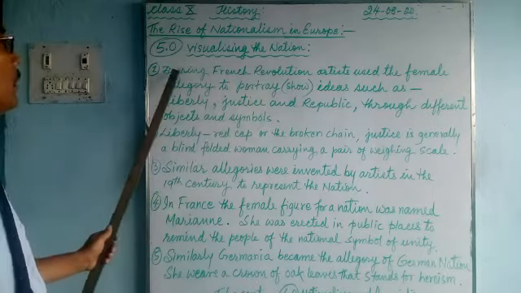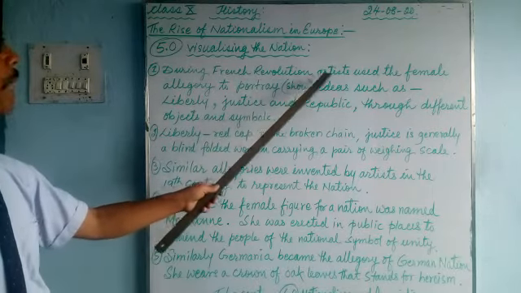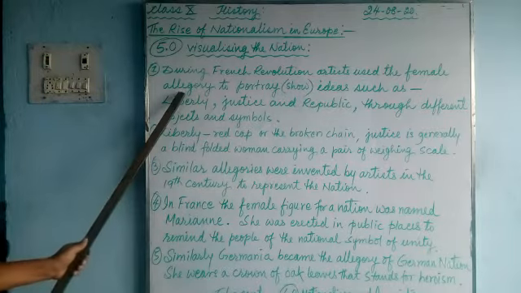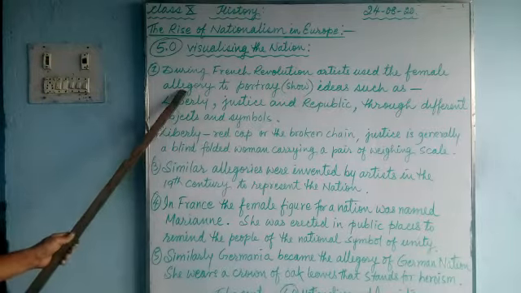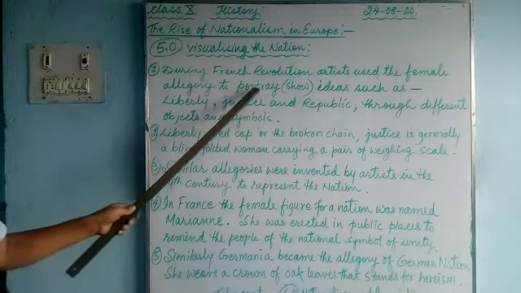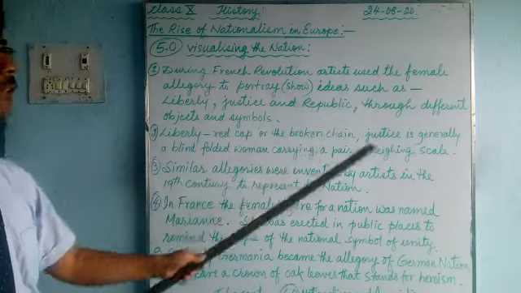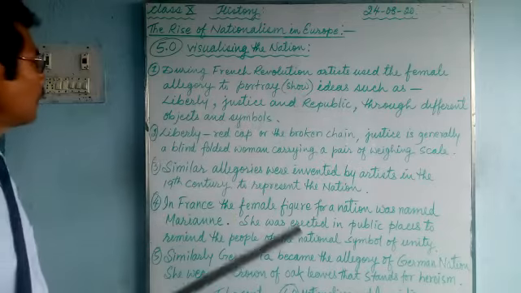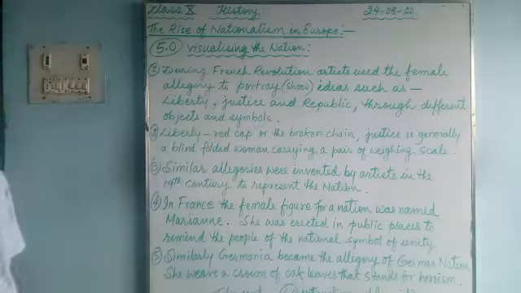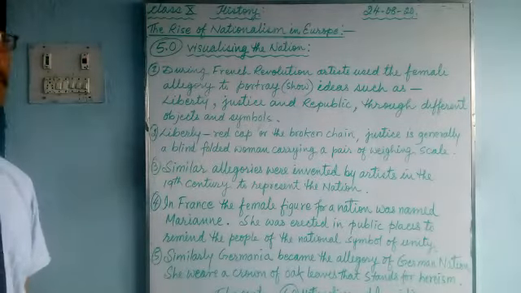During the French Revolution, artists used the female allegory. Allegory means the portrait of a nation, used to portray ideas such as liberty. Liberty means freedom. Liberty, justice and republic.